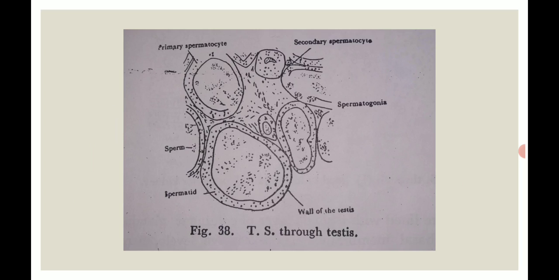In the testes we see the outer covering, which is called the wall of the testes. They form the spermatids, and in this whole process in the TS, the sperm are formed. This process is called spermatogenesis.